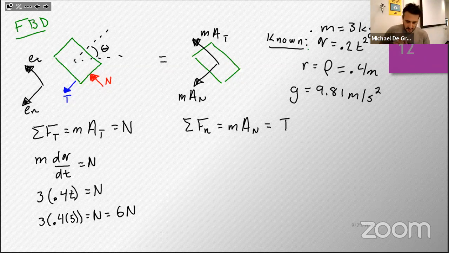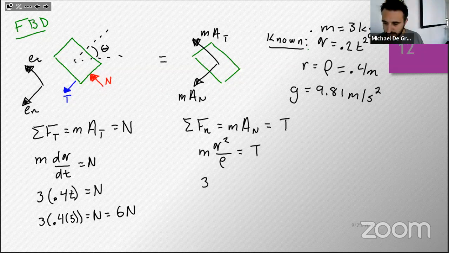So that's half of it, right? Because we're asked to find the normal force and the tension. So how do we find the tension? Well, we have to exploit our other relationship here, right? m V squared over rho is equal to T. Again, we know m, that's 3 kilograms. We know V, that's 0.2 t squared. That whole thing is going to be squared again, though, right?